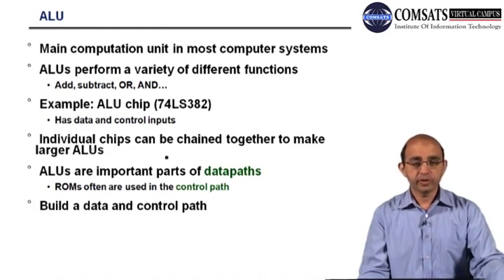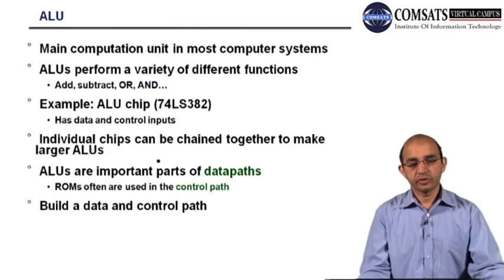And then we talked about data paths and control paths, because whenever you talk about the ALU, two key components are very handy. The first one is the data path and the second one is the control path.